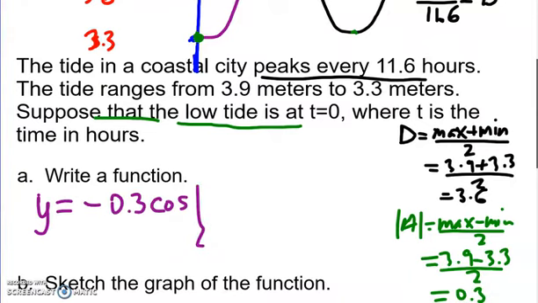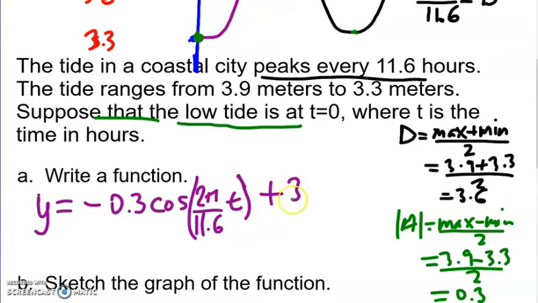Okay, our b value is 2 pi over 11.6, and then instead of x, we're going to use t for time in this problem, and then there's no phase shift, and then we have our center line at 3.6, or our d value is 3.6.